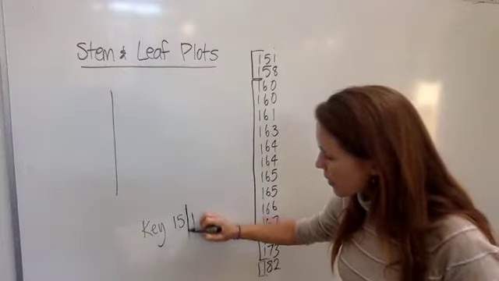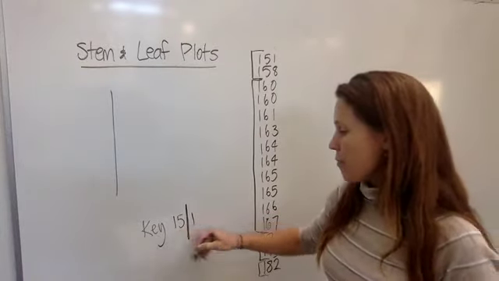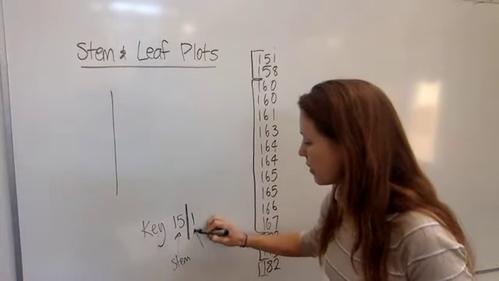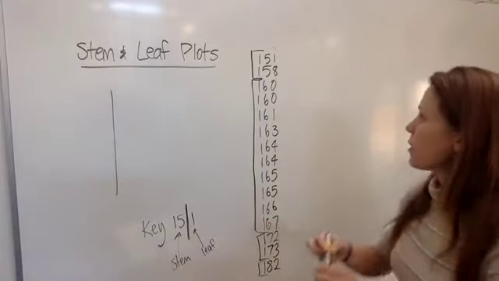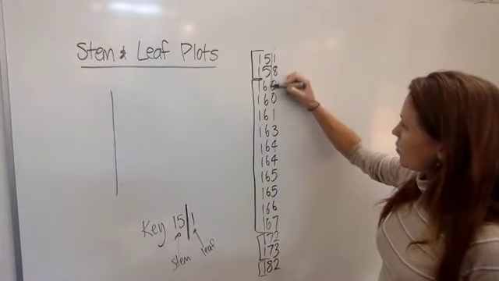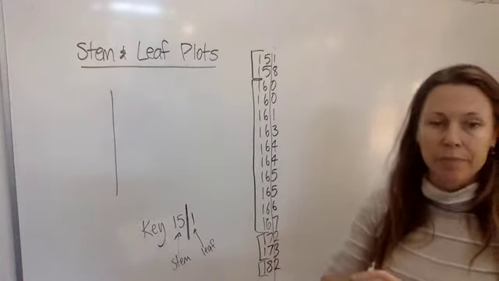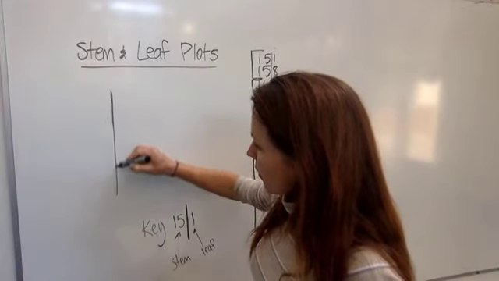Now this splits the number 151 into a stem part, a little bit like on a tree, and the leaf part. Now every single one of these numbers has a stem, and I can divide them up like this into a stem part and a leaf part. Now this makes more sense once I actually do it. This is where I'm going to break the numbers up.